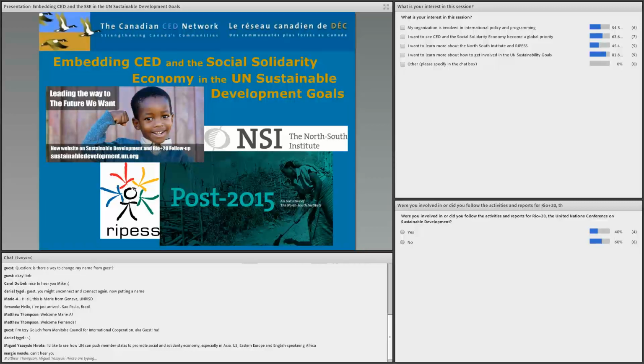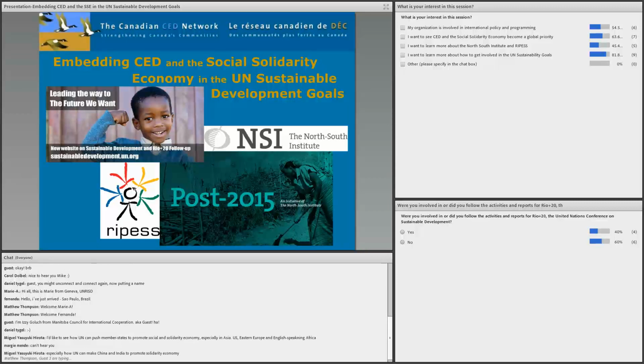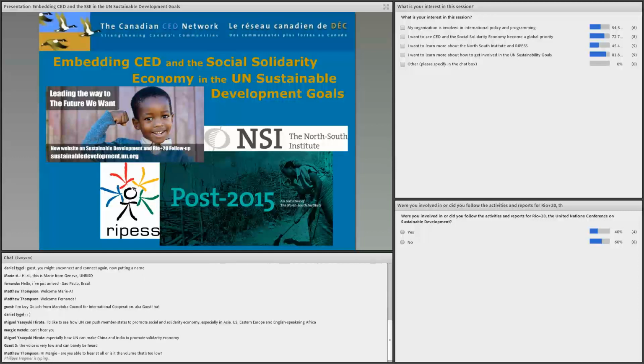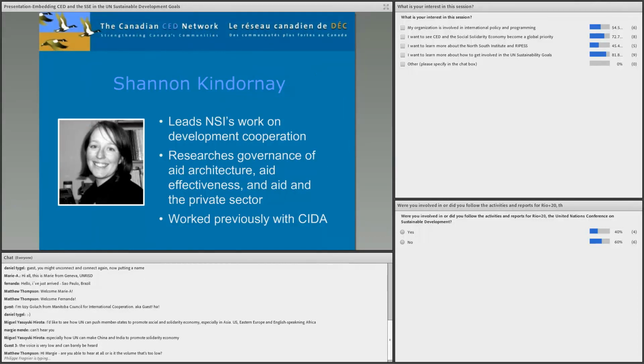A few people are involved in international policy and programming already, a few more are working to support the CED and social economy globally, and some have interest in the North-South Institute and RIPESS, which Danielle and Shannon will be able to share. And a little less than half of people have been involved in the United Nations Conference on Sustainable Development, so a few people are less familiar. Terrific. So let's get into the presentations.